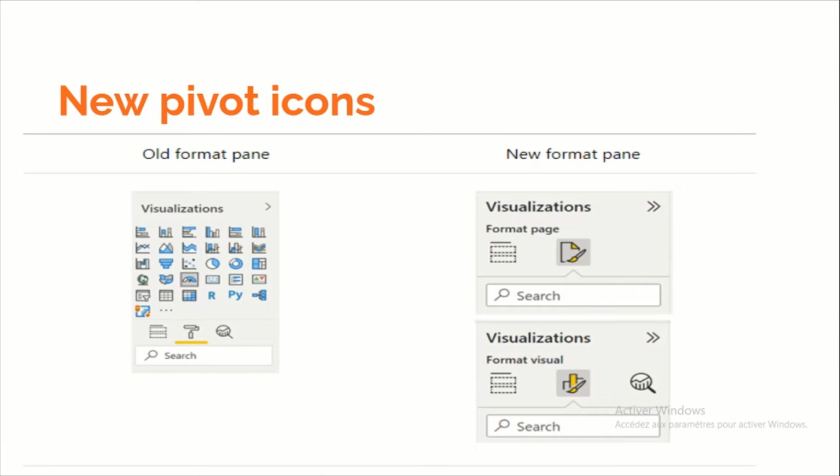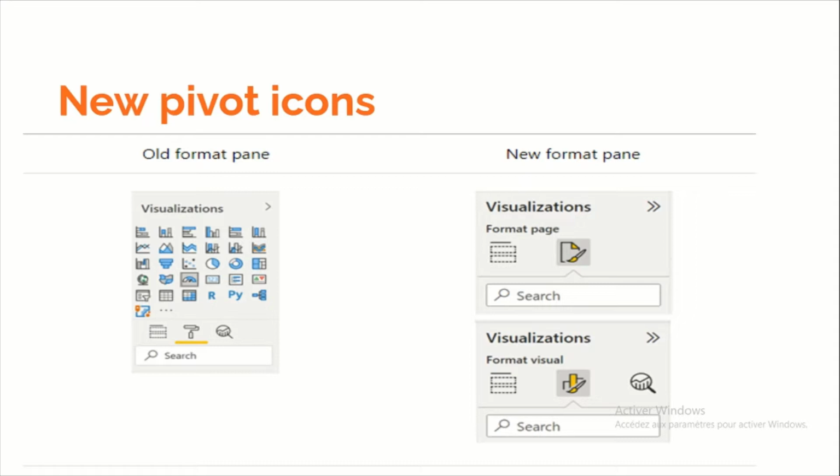Okay, so the new feature in the pane, which is new pivot icons. As you can see here, we have the old format pane and the new format pane. So Power BI Desktop updated the format tab icon and added a descriptive subtitle to help new users better locate the format pane.